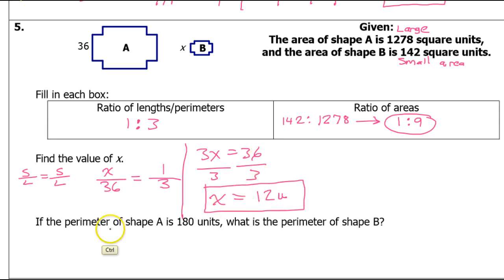If the perimeter of shape A is 180, remember that shape A is the large shape. What is the perimeter of shape B? Remember that shape B is the small one.